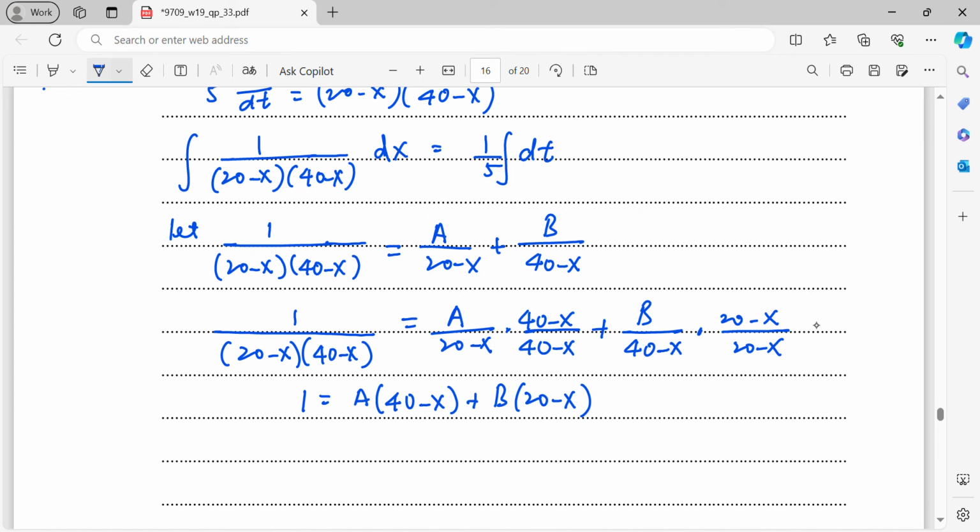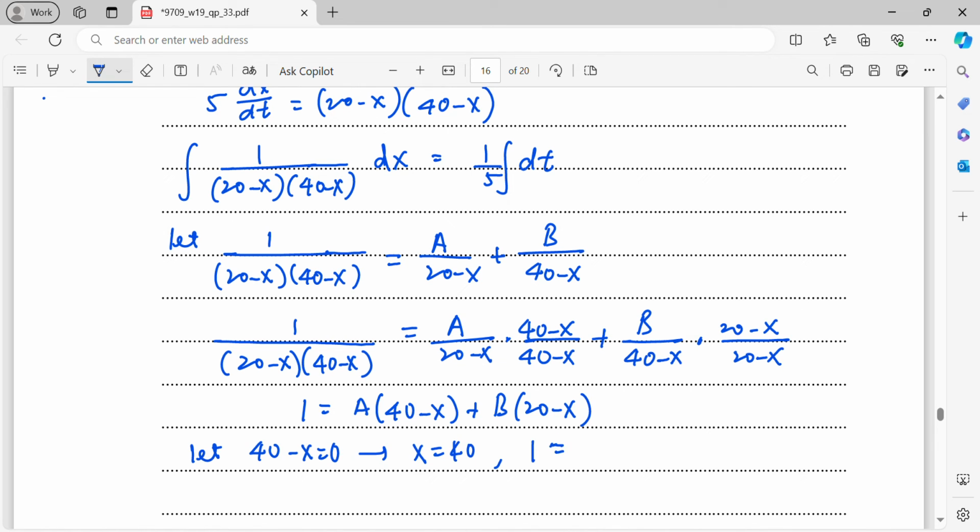To get a and b, I will use the substitution method, which means I will let the factor be 0. When I let 40 minus x be 0, that means my x equals 40. So 1 equals, whenever you see 40 minus x, that will be 0, so I will be getting b times 20 minus 40, that is negative 20.